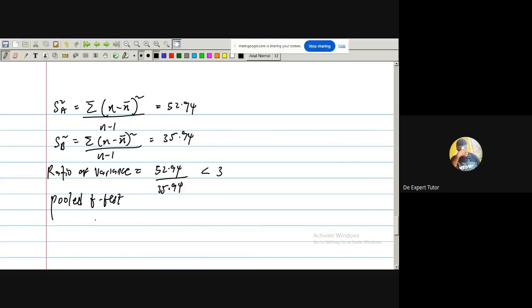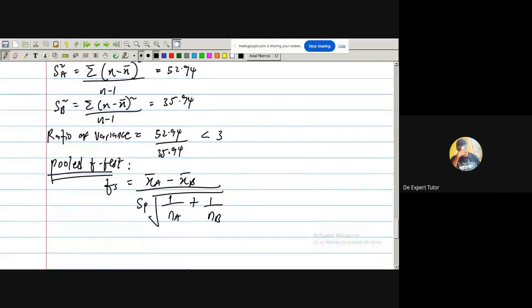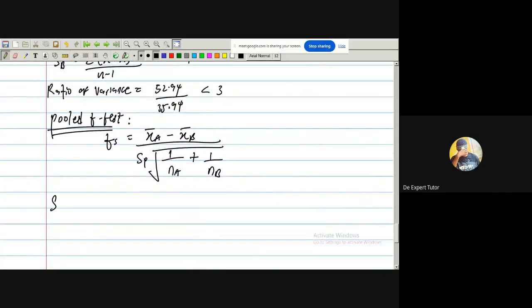If you are using your pooled T test, the formula for your test statistic is X A bar minus X B bar all over the estimate of the standard deviation, S P, times square root of 1 over N A plus 1 over N B. To get this, you must get your S P first.